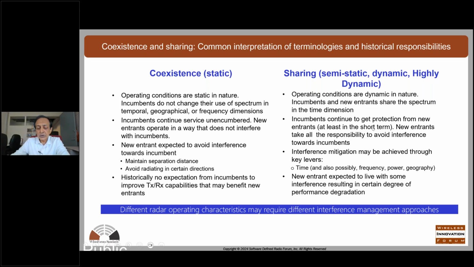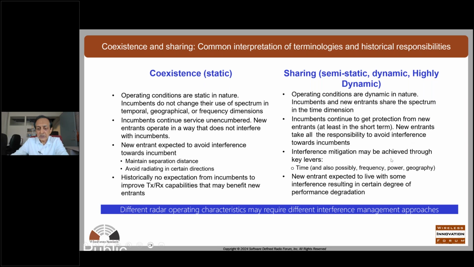Incumbents, of course, continue to get protection from new entrants, at least in the short term. New entrants take all the responsibility to avoid interference towards incumbents. Again, it's not much different from coexistence, but again, trying to establish some basic principle that has been in practice for a while. Does not mean it should be continued to be like that, but just to understand what has been so far.